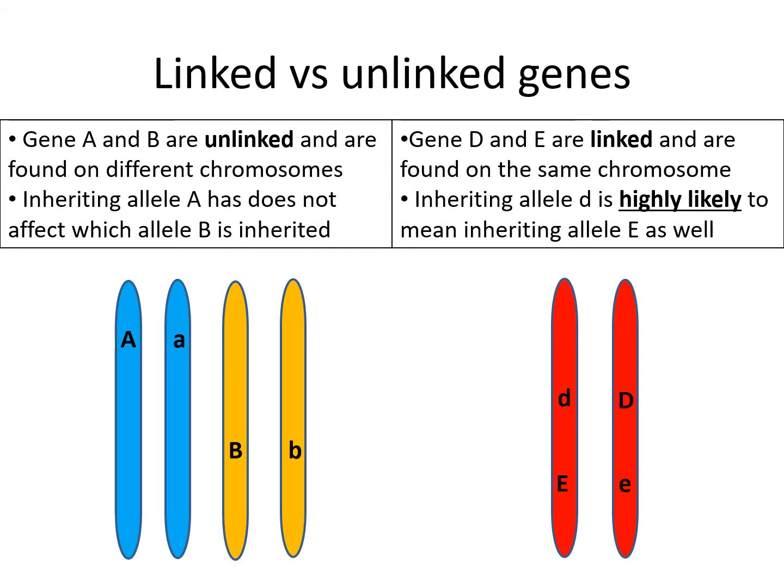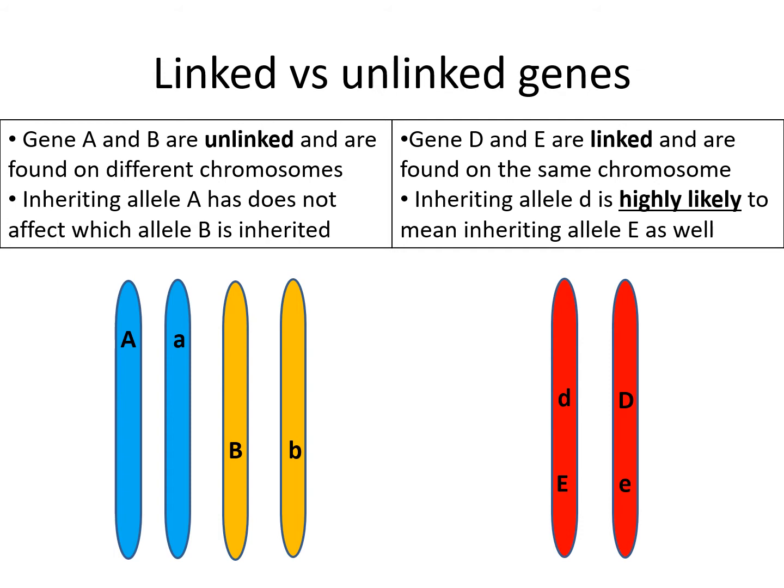If you look on the right-hand side with the red chromosomes, and we've got genes D and E, genes D and E are linked. What that means is that whatever allele for D and whatever allele for E appear on the same chromosome, they will always be passed on through generations. Now, when I say always, it's slightly more complicated than that when we bring in a concept called crossing over.